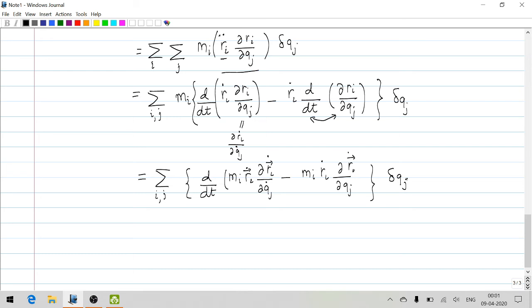Remember, when I interchange the time derivative, Ri will become Ri dot here.